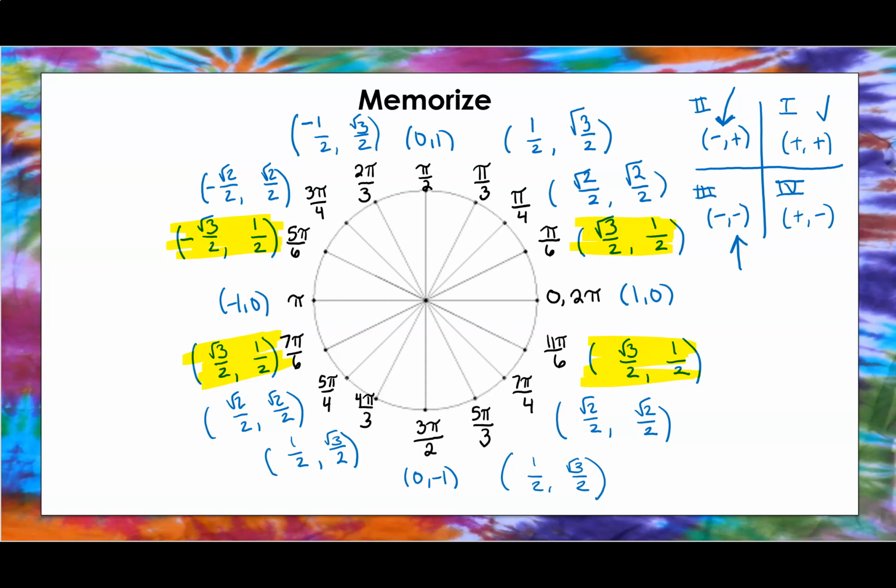So I have to go back and say negative, negative, negative, negative, negative, negative. Crowd goes wild. All right, and then our last quadrant, quadrant 4, my second coordinate is going to be negative. So I'm going to put a negative here, and a negative here. Congratulations, you are done. All right, let's move on.